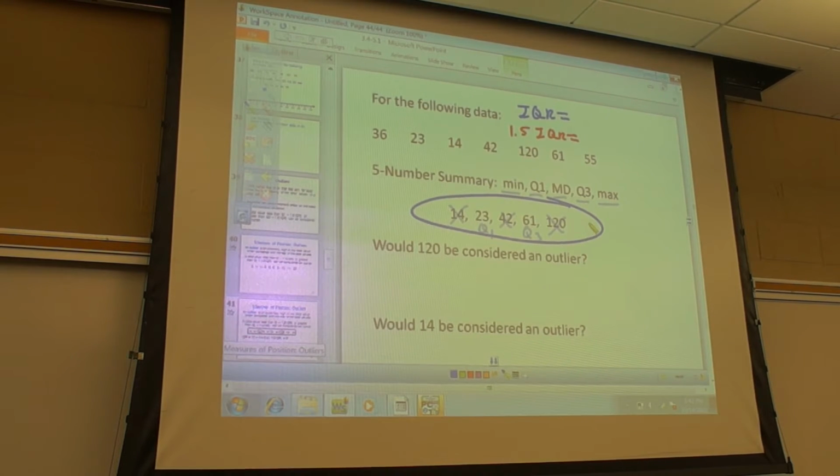Everybody find my interquartile range. Find it. Alberto, what'd you get? So it's Q3. What's my Q3? 61. I'm going to subtract what? My Q1. Francois, what's my Q1? 23. Everybody do that.